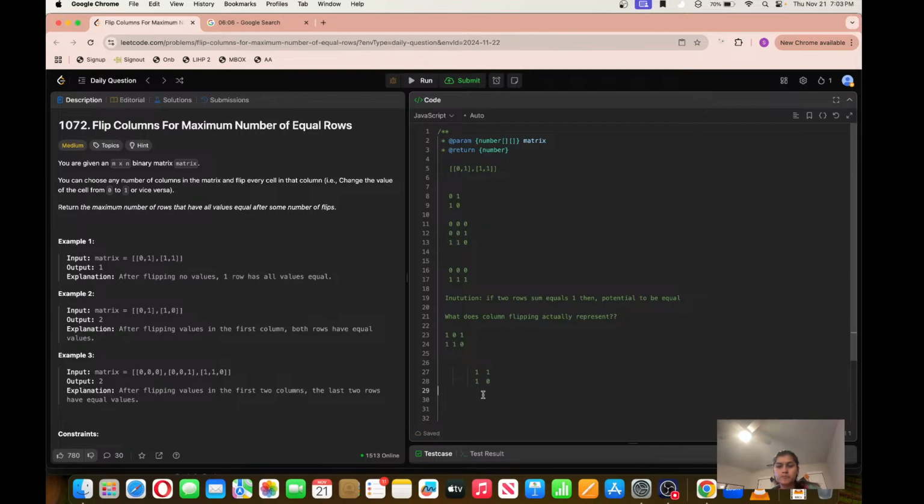Then, if it is 0 and 1, I can flip it and make 1 0. So 1 0, I can flip it and make 1 0. If it is 1 0, then I can flip it.